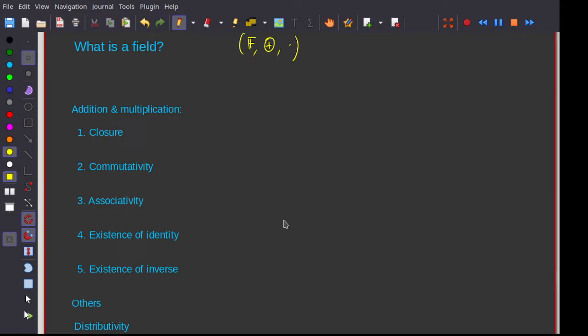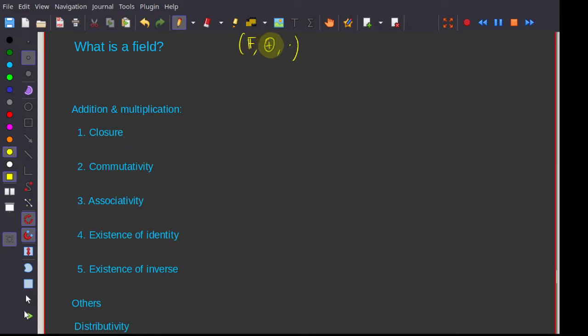Okay, so let's quickly recall what a field is. A field is basically a non-empty set. I'll denote this by this script F, and it has two operations. One is addition and the other is multiplication. I'll denote addition in the field by this plus and multiplication by a dot.